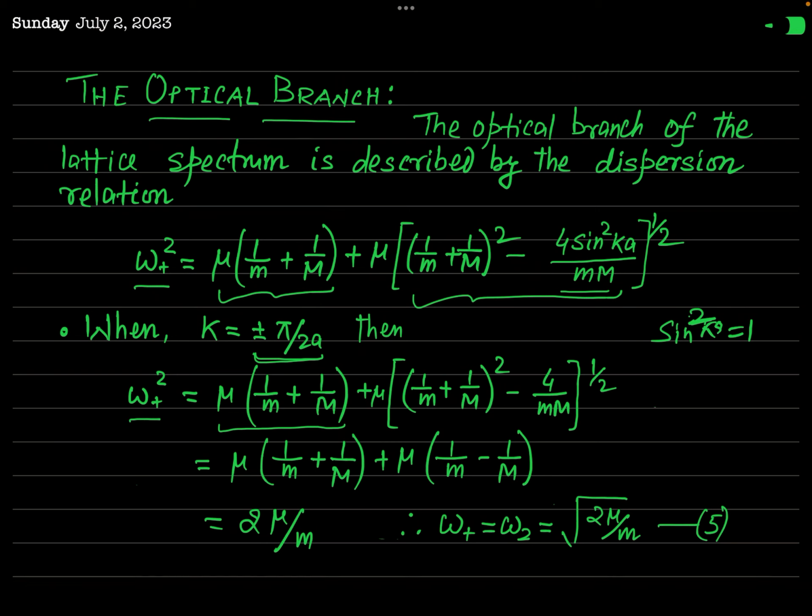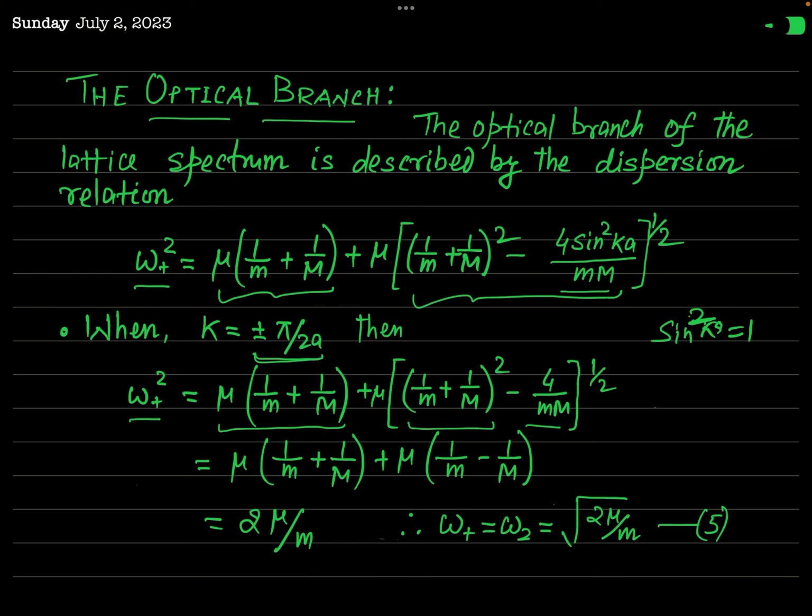This is mu times (1 over m plus 1 over capital M) plus mu times the square root of (1 over m plus 1 over capital M) whole square minus 4 over m times M. Again, you can see this is in fact (1 over m minus 1 over M) whole square.